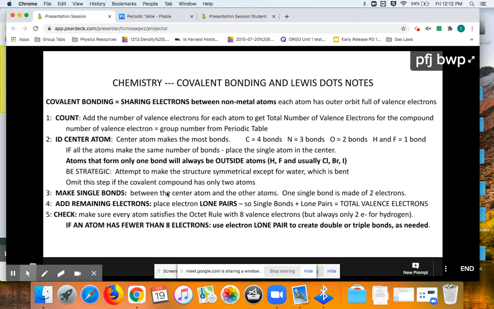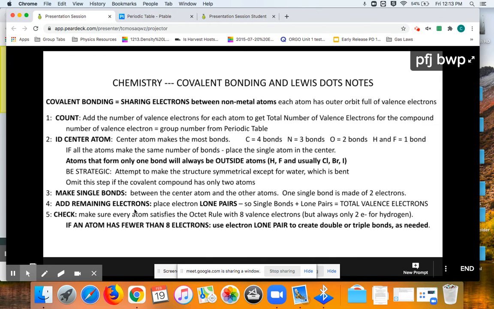My next one is step number 3. You will make single bonds between the center atom and the other atoms. 1 single bond is 2 electrons. Step 4, and I'm going through these kind of quick because I'm going to go through more when I actually do an example. So step 4 is you add your remaining electrons, place electron lone pairs. So single bonds and lone pairs equal total valence electrons.